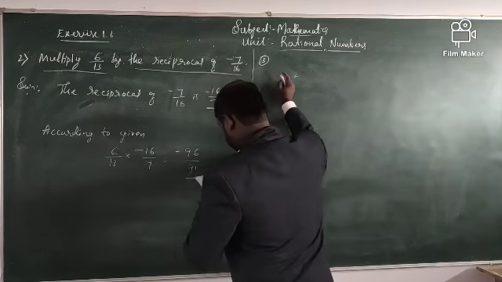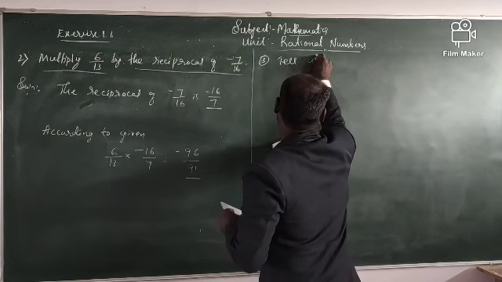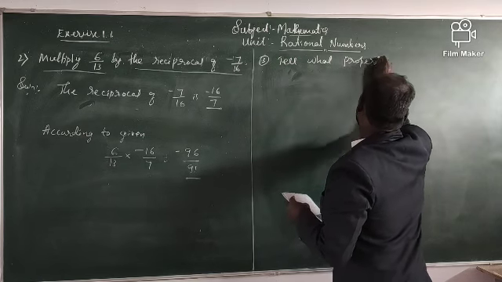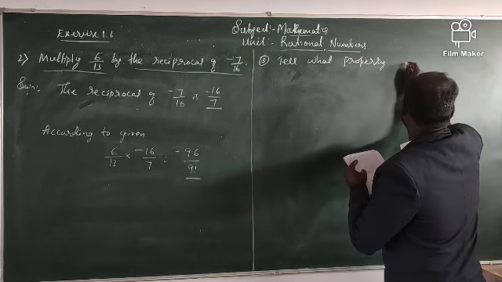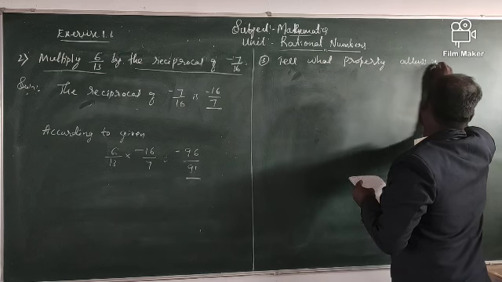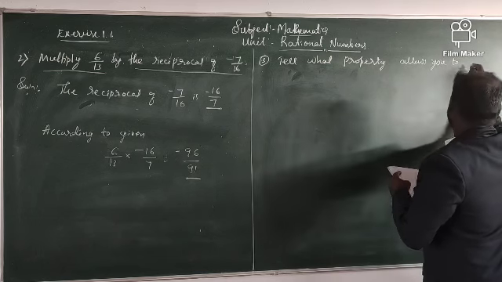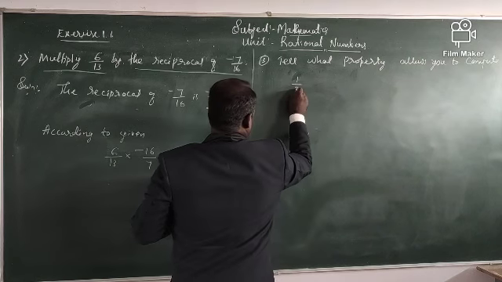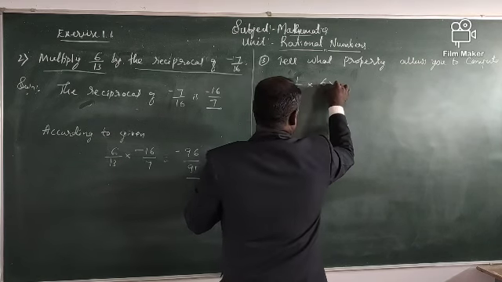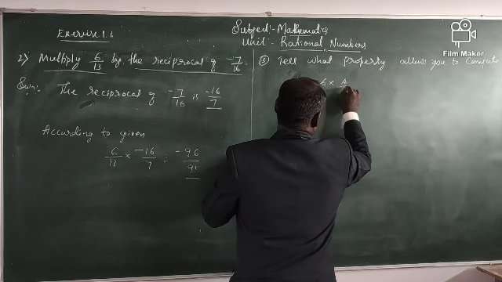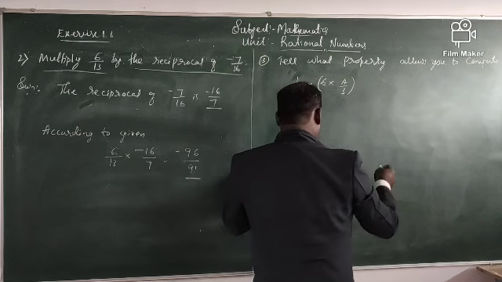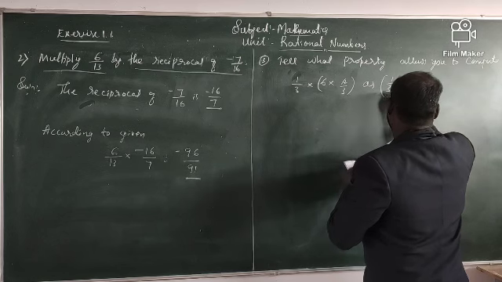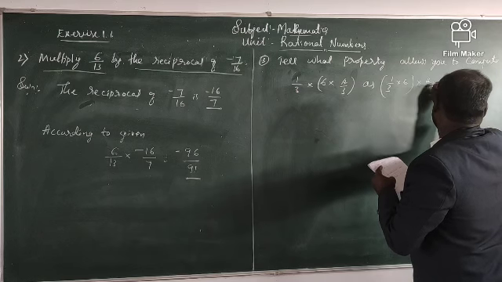Next problem: tell what property allows you to compute 1 by 3 into 6 into 4 by 3 as 1 by 3 into 6 into 4 by 3.